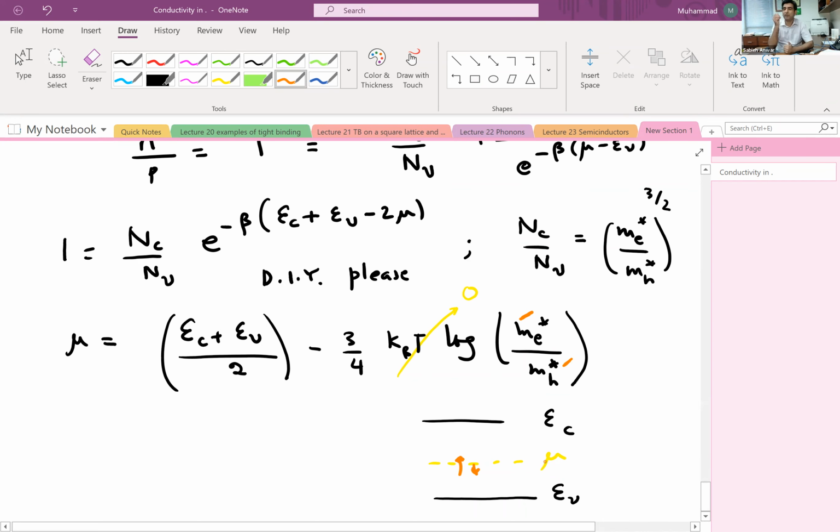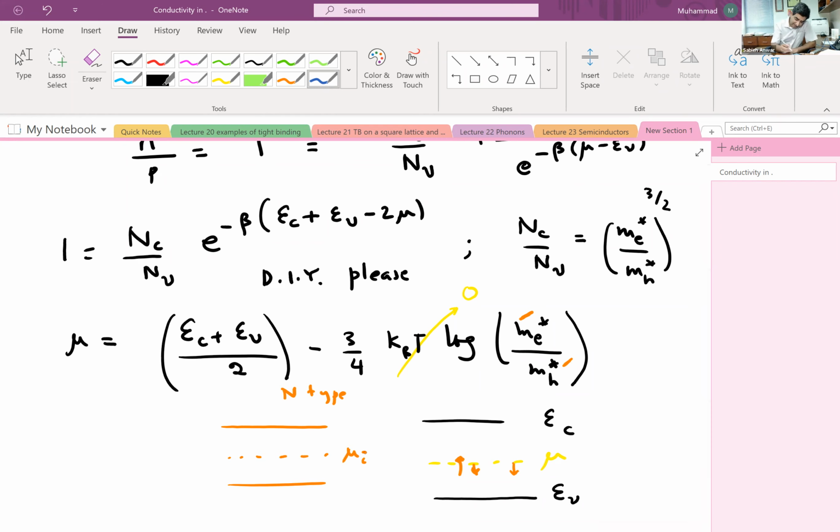Okay, for silicon, germanium, m_h star is slightly higher than m_e star. The holes have a higher effective mass. So in most cases, the chemical potential is shifted slightly downwards with temperature. If I have an N-type semiconductor, we already know that this is for the intrinsic. For an N-type, the chemical potential goes slightly higher.